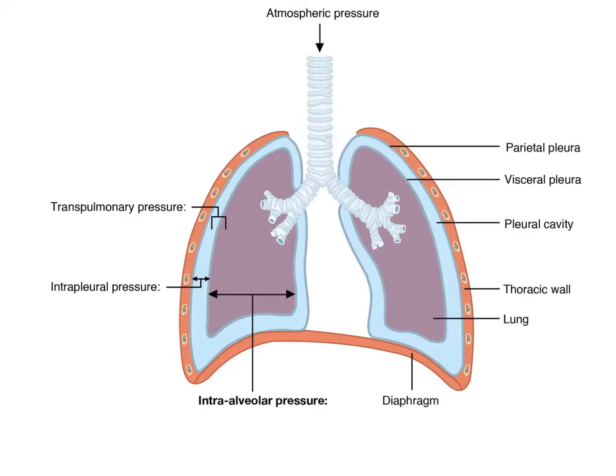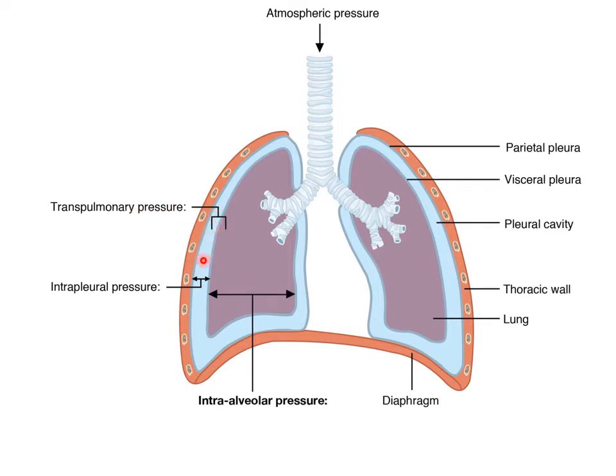Now if you take the difference between the intra-alveolar pressure and the intrapleural pressure, it gives you another pressure, which is called the transpulmonary pressure.